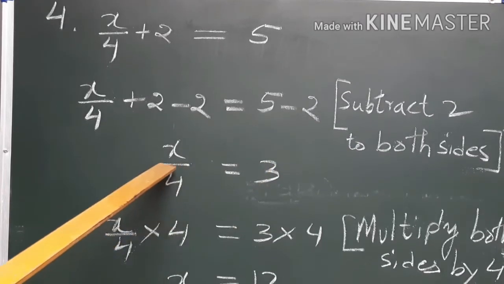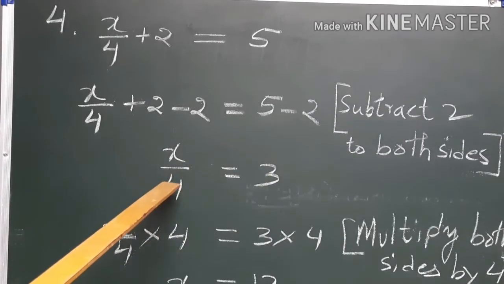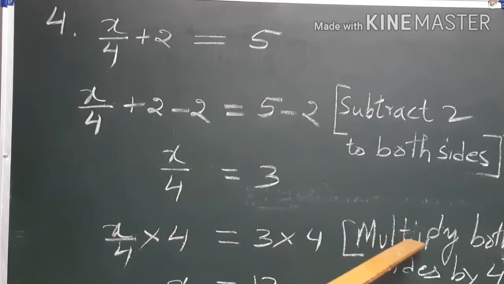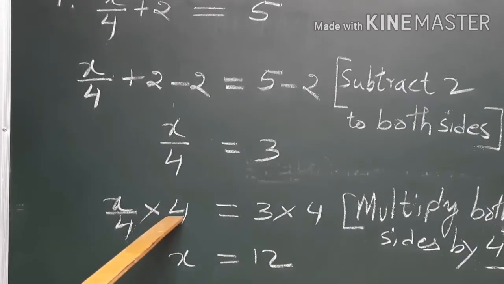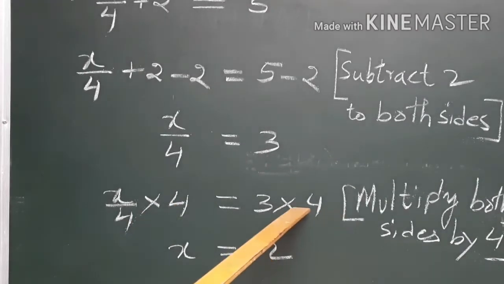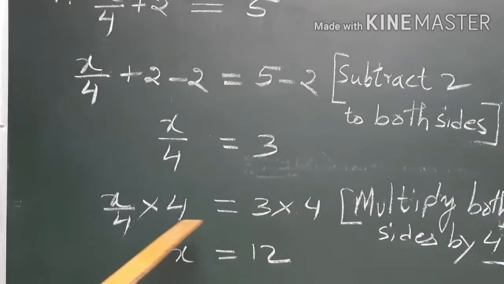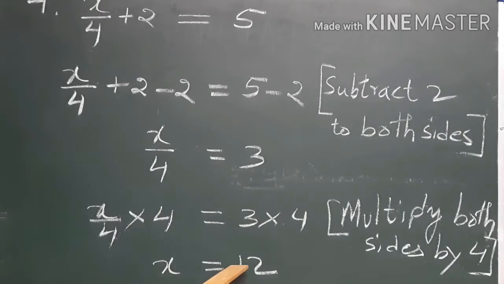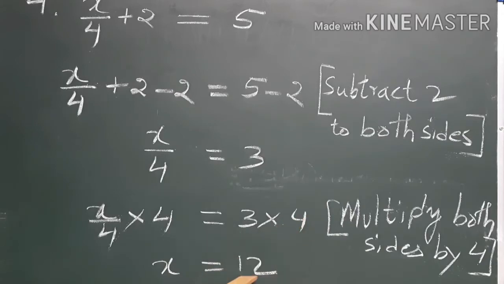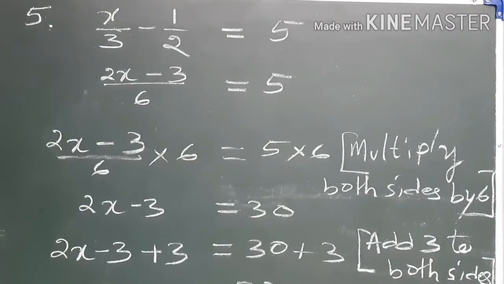Now to remove 4 from here, in order to remove 4, multiply both sides by 4. So this got cancelled and we are left with x is equal to 12, because 3 fours are 12.